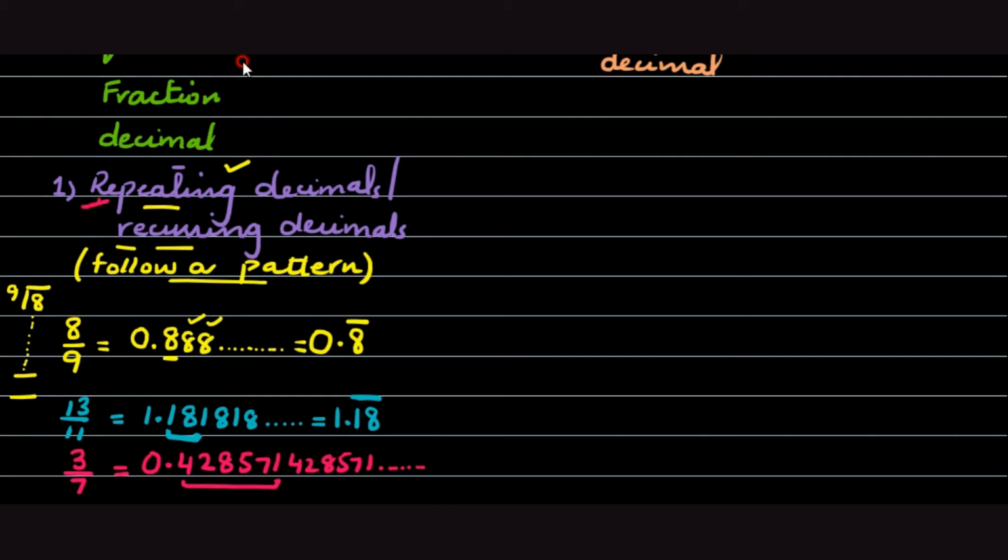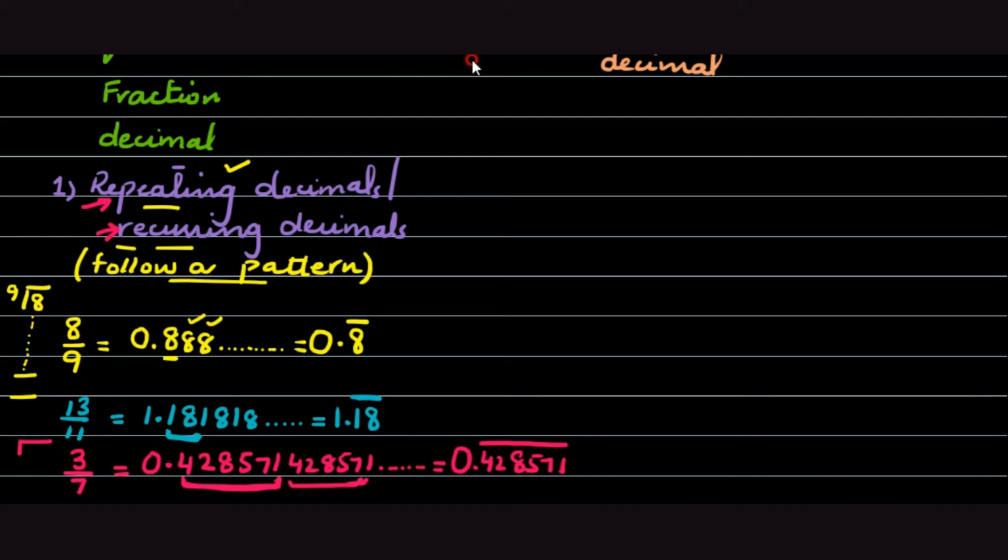As you know, this is a repeating or recurring decimal, so that whole pattern will reoccur again and again during division. So this is a rational number, and you can write it in this form: 0.428571. You write the pattern once and put a bar above it. It shows you it is a rational number.